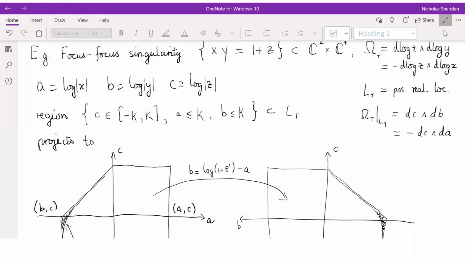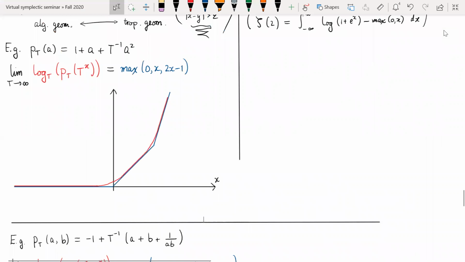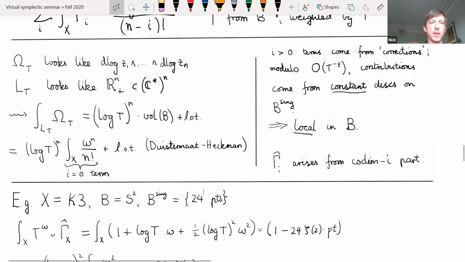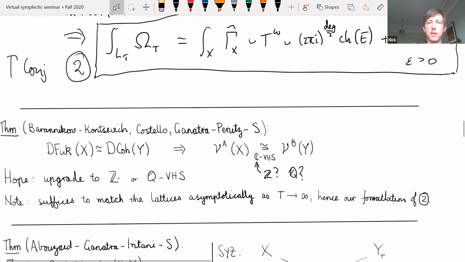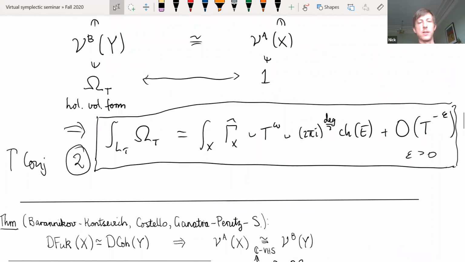Have a look at the formula, this one. By looking at the structure sheaf E, so if we put the structure sheaf E here, then these factors of 2 pi i go away.